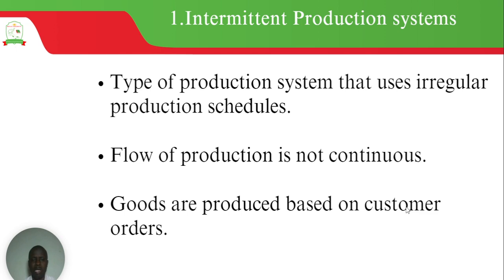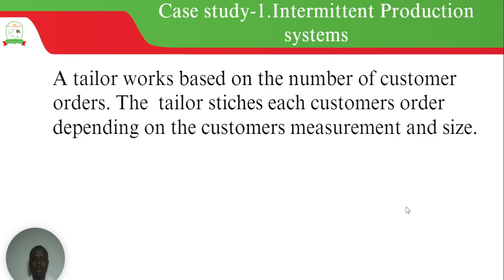I've just mentioned that. And also goods are produced based on customer orders. So in this kind of production system, it is more of the organization depending on how much of a quantity of a particular good customers are going to order. Then they go ahead now and manufacture that particular good.